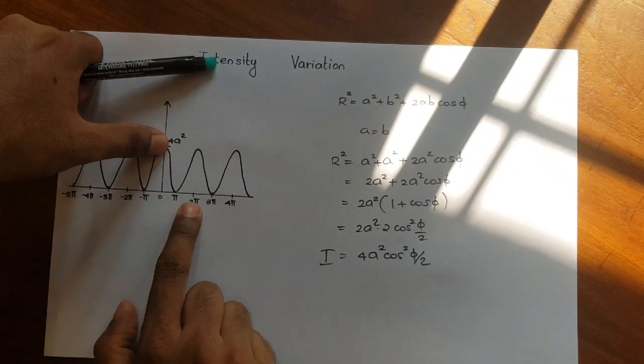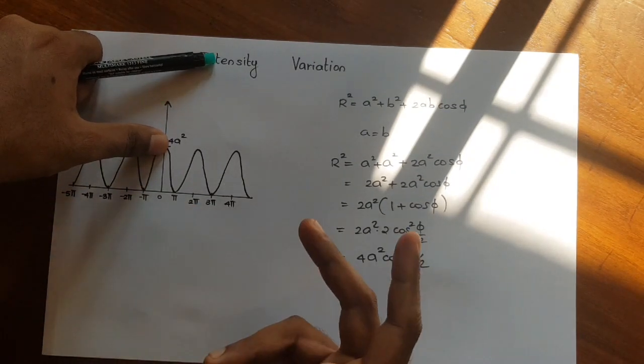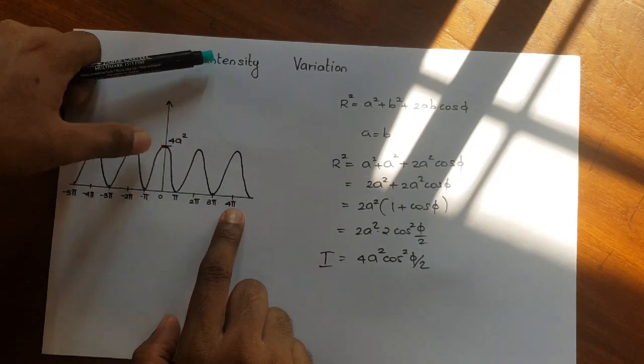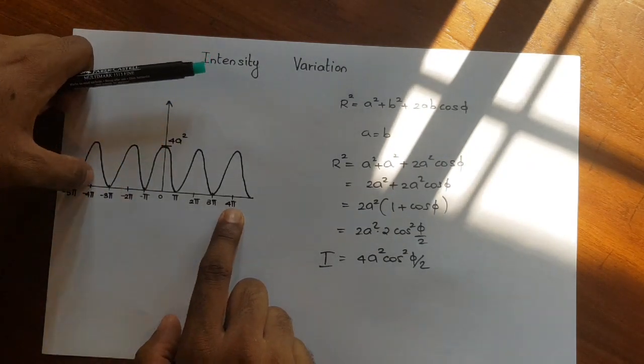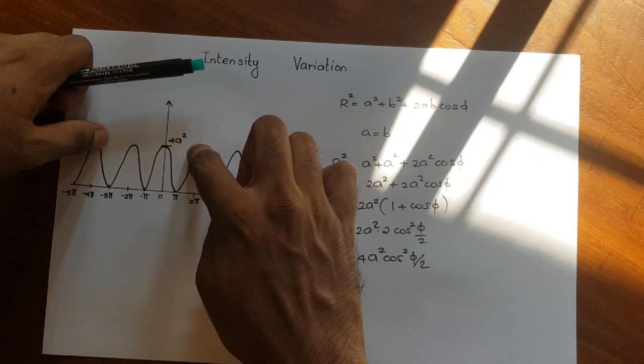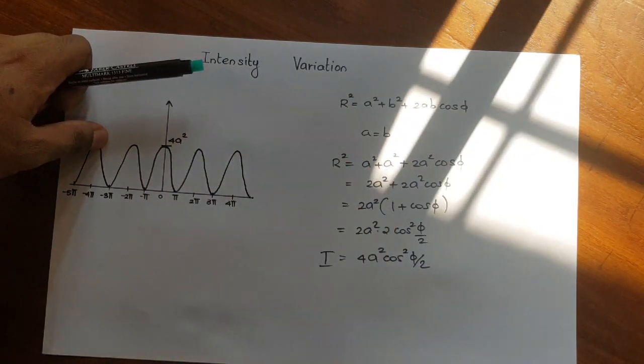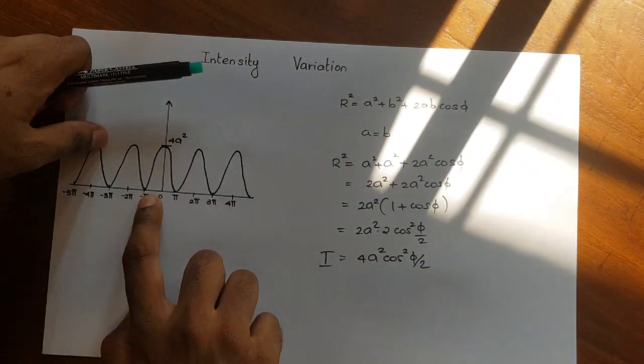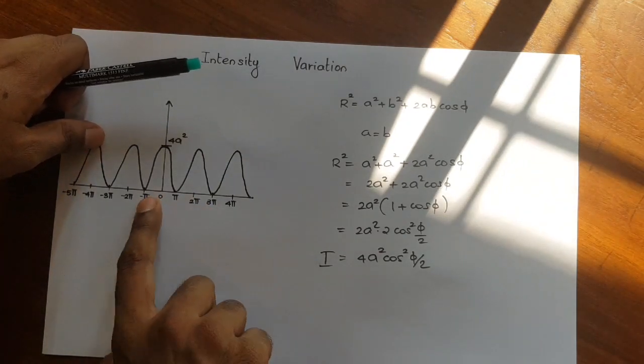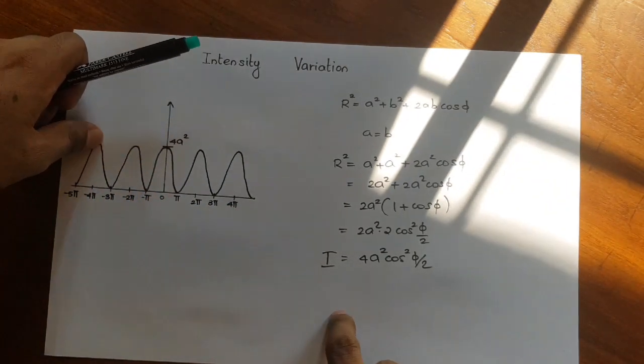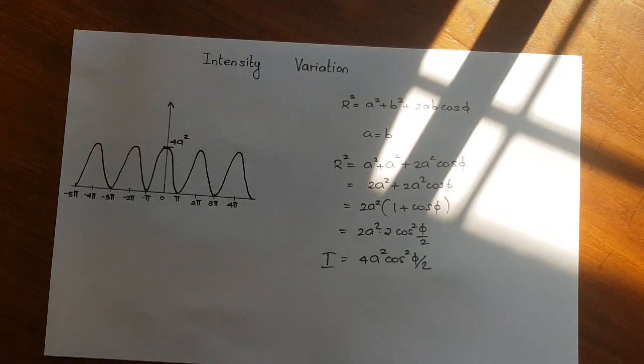And when the phase difference is some even multiple of pi, that is 2 pi, 4 pi, minus 2 pi, minus 4 pi, at all these points we are getting maximum intensity. And whenever it is an odd multiple of pi, 3 pi, minus 3 pi, at all these points we are getting minimum intensity. This is regarding the intensity variation when two waves interfere with each other.